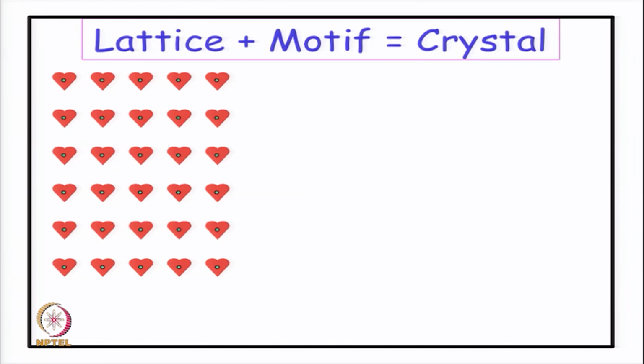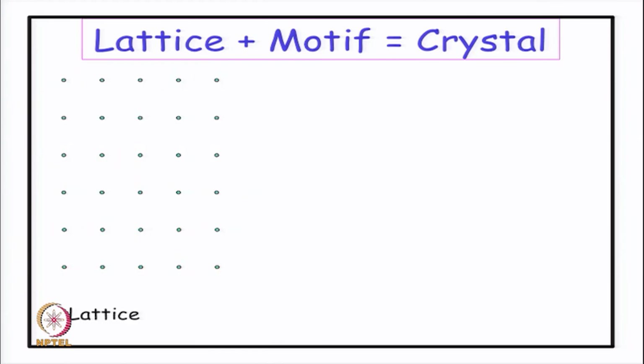If I remove the hearts and only leave these points, this gives me the lattice of the heart pattern. But this is not the pattern, you can see, but this is associated with the pattern, and this is telling me how the hearts should be repeated. I should place one heart at each of these points in identical orientation to get my full pattern.